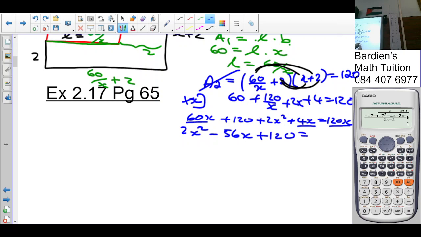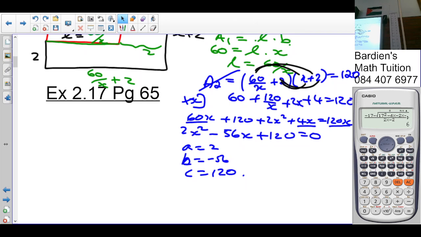Plus 120. Let me check the calculator quickly before I do the whole calculation and it's wrong. A is equal to 2, B is equal to negative 56 and C is equal to 120. Is negative 56 correct? Yes. Again the formula: minus B plus or minus the square root of b squared minus 4ac, over 2a.